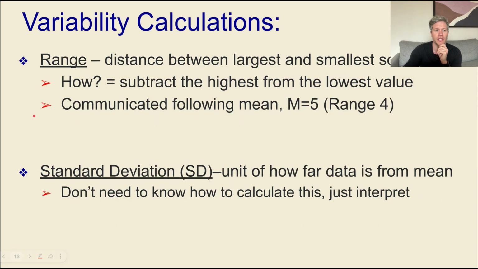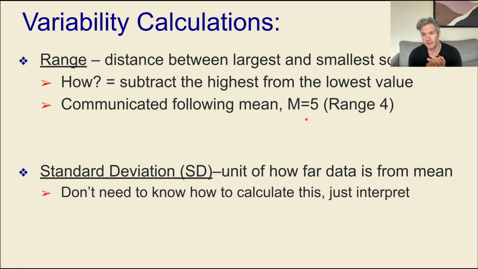Same with range. So if we actually want to calculate these things, we look at our range, highest and lowest, and subtract, and then we get our range there. So a range of 4. In this particular case, if we have a mean of 5, and our range goes from, let's say, 1 to 6, or 2 to 6, our range would be 4, right?